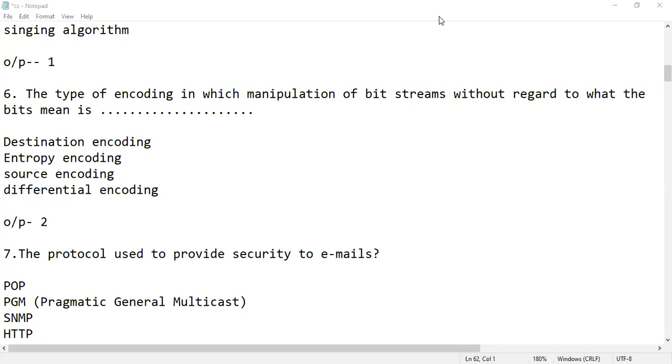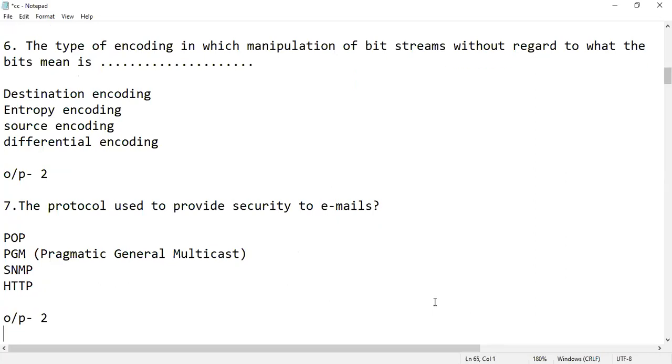Pragmatic General Multicast is a reliable protocol for applications that require multicast delivery from a single source to multiple receivers, and it runs over best-effort datagram. So for the protocol used to provide security to email, we can go with the PGM option. Option B will be the answer.